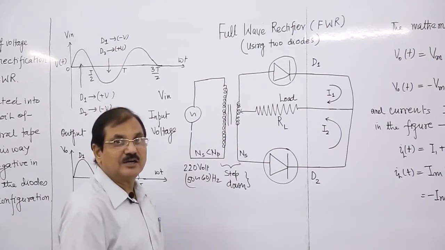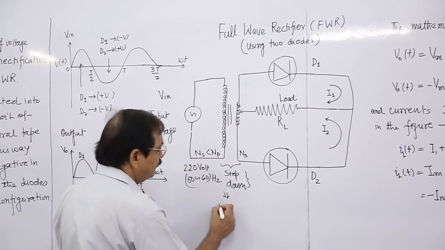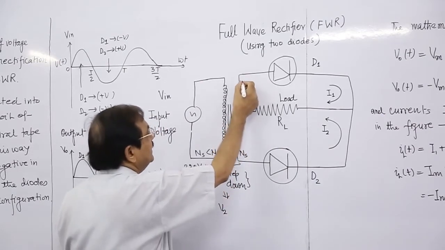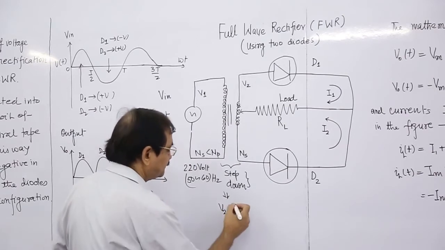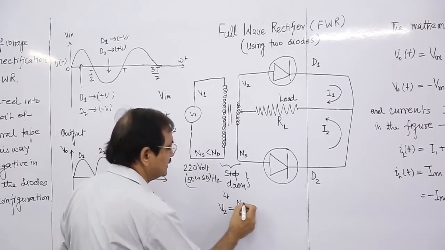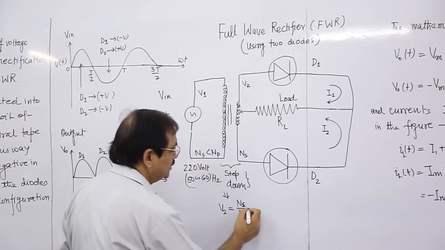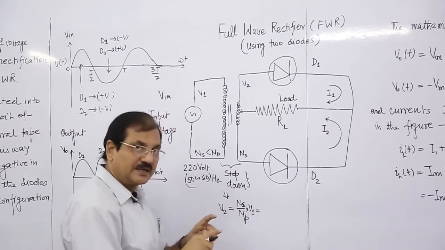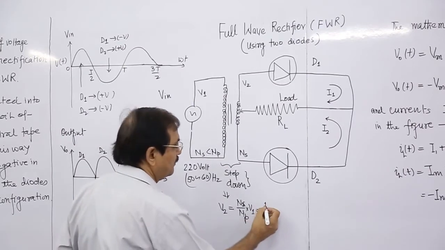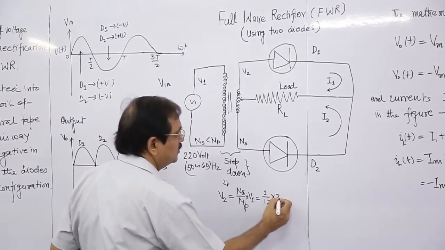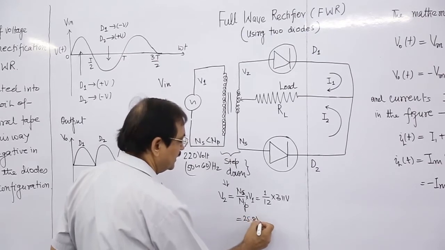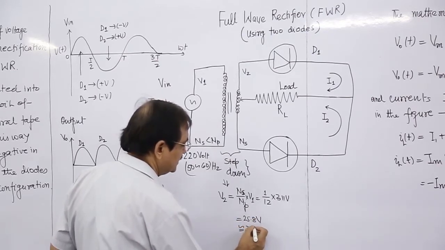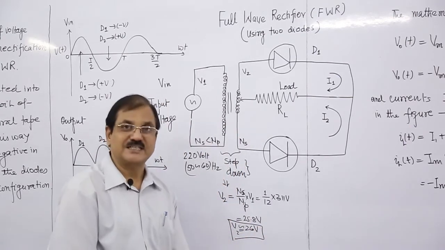In the previous case, I also calculated that if this potential is V1 and this potential is V2, then V2 is equal to N secondary upon N primary into V1, and for a specific case, that is 1 upon 12 into 311 volt, you have 25.8 volt, that is approximately 26 volt V2, and this is a step down transformer.